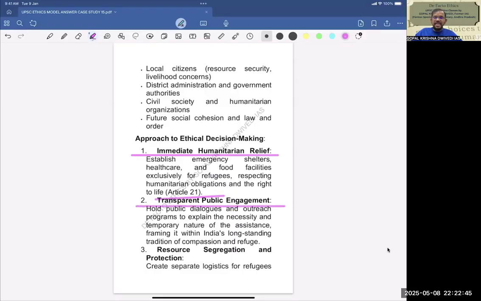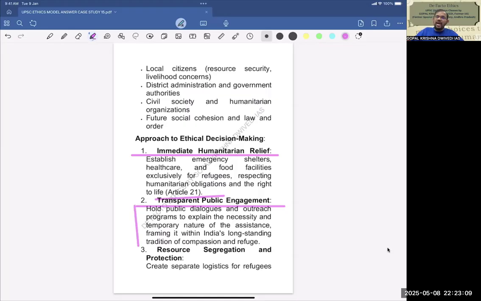Transparent public engagement. Hold public dialogues and outreach programs to explain the necessity and temporary nature of the assistance, framing it within India's long-standing tradition of compassion and refuge. So on the one hand, you have to immediately extend humanitarian relief to refugees.